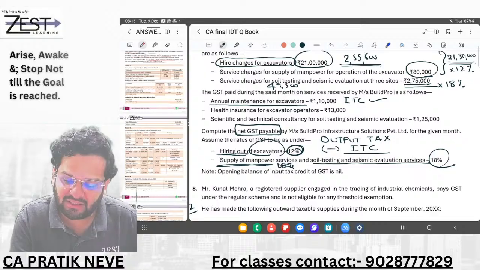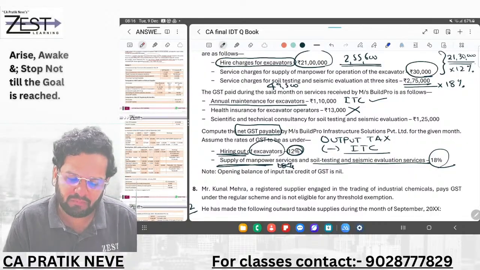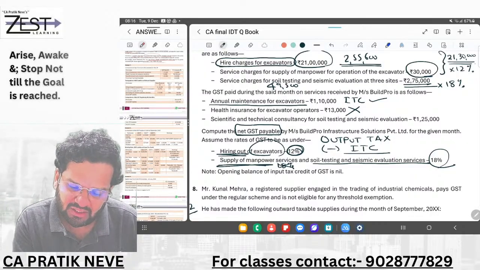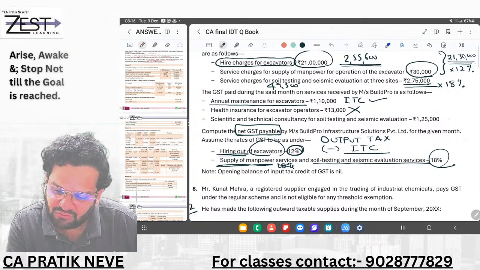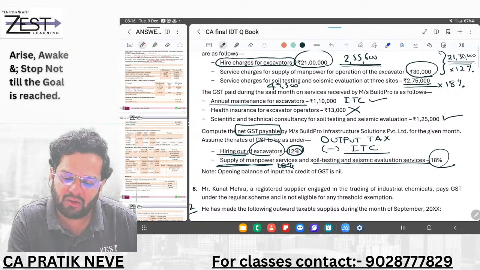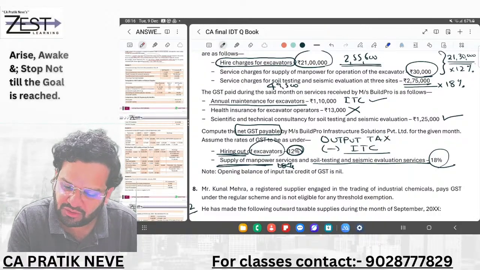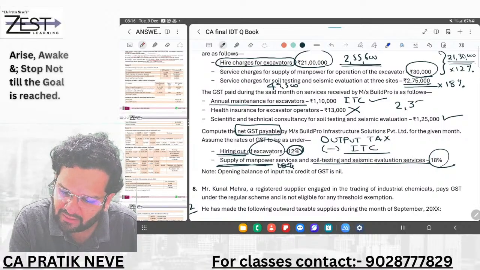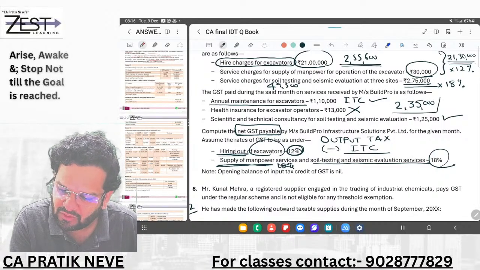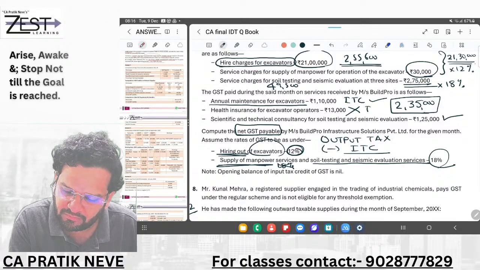It is nowhere said that. So this ITC will not be allowed. And of course, scientific and technical consultancy for soil testing, this will be allowed. So total allowed is 1,10,000 plus 1,25,000, that is 2,35,000 will be total ITC allowed.